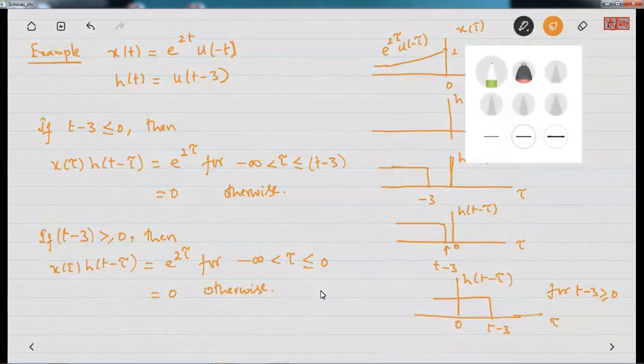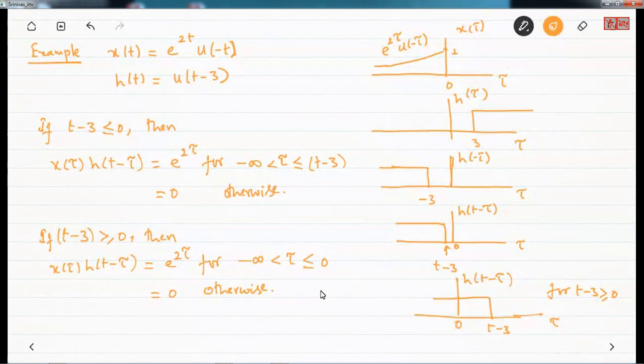Okay. So now, see here we said t minus 3 less than or equal to 0. That means t less than or equal to 3.